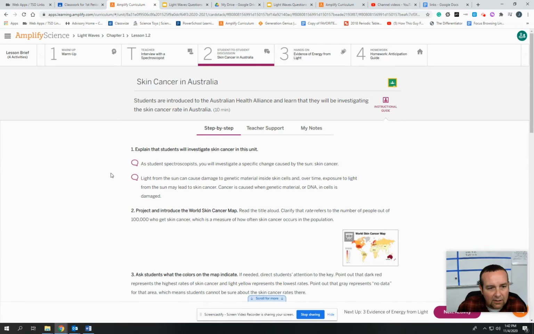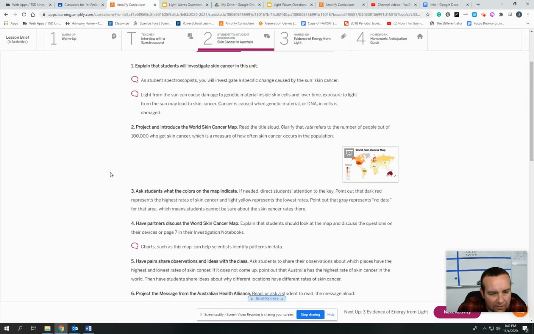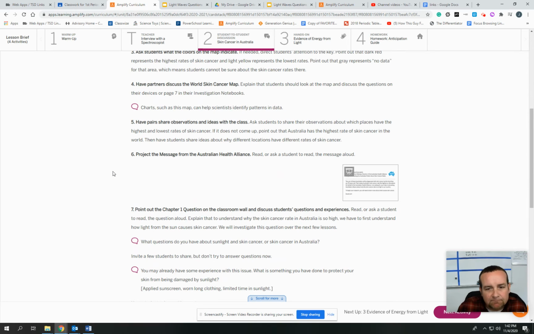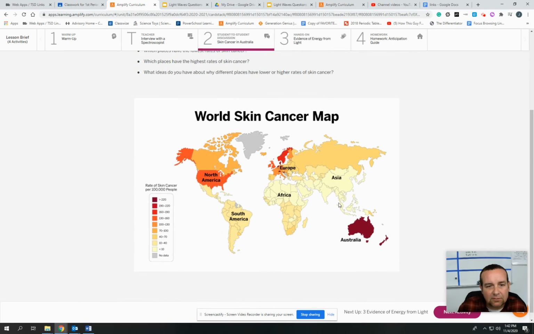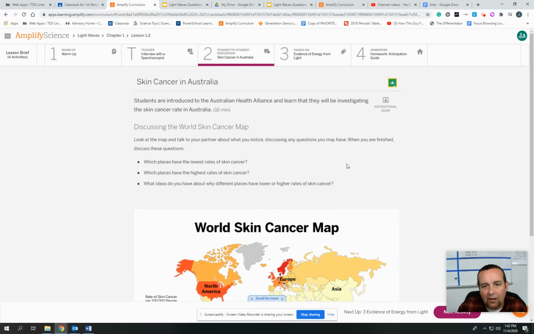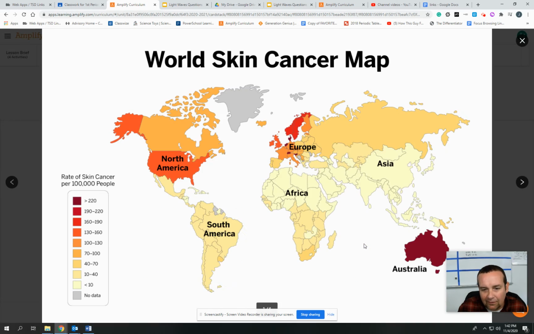First, I do want to check something in here. Okay, so here is our, oh no, I wanted it bigger. Thanks for hanging with me. All right, so when we're looking at this map, what this map is doing is it's showing us rates of skin cancer or incidences of skin cancer around the world.